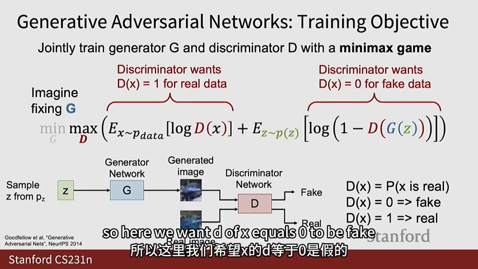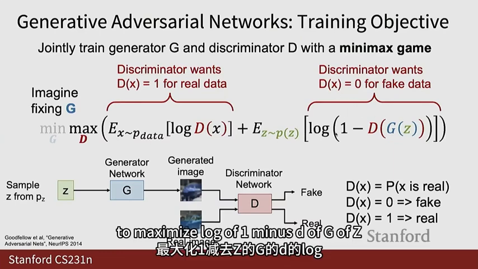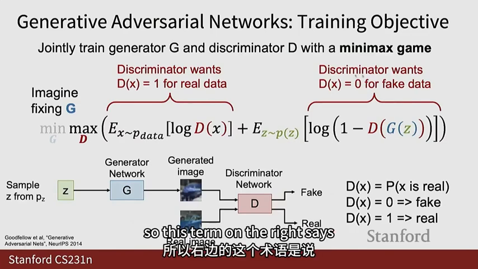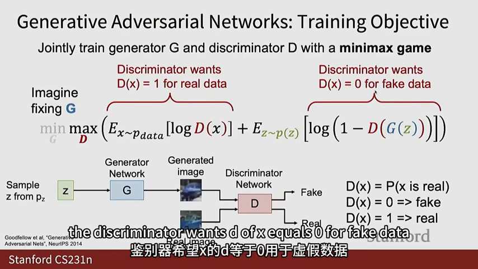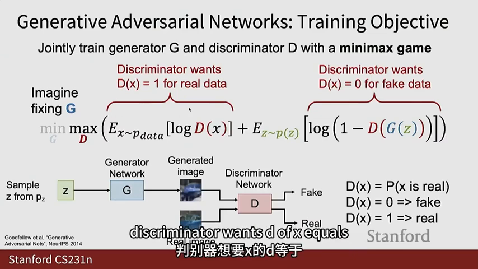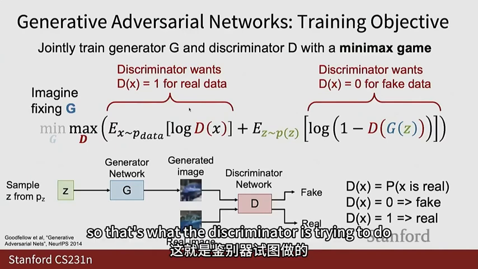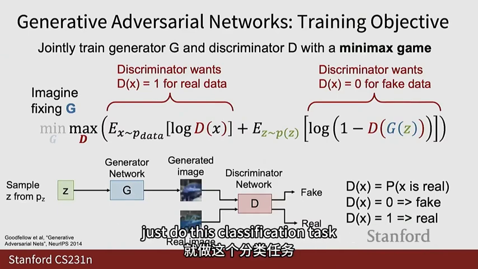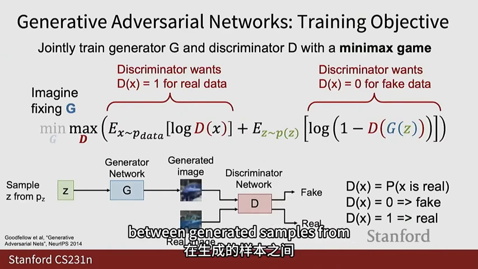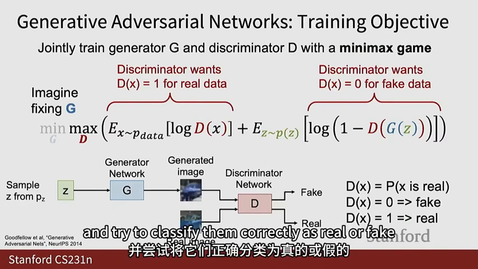So here, we want D of x equals 0 to be fake. So one way to say that is to maximize log of 1 minus D of G of z. So this term on the right says the discriminator wants D of x equals 0 for fake data, and the term on the left says the discriminator wants D of x equals 1 for real data. Okay, so that's what the discriminator is trying to do. The discriminator is trying to correctly do this classification task between generated samples and real samples from our data set, and try to classify them correctly as real or fake.